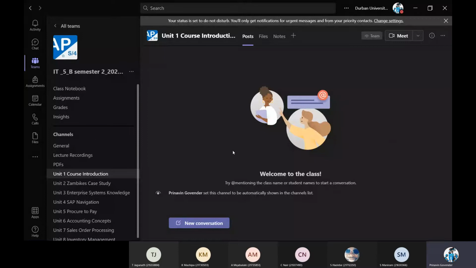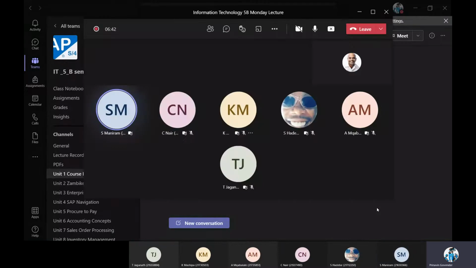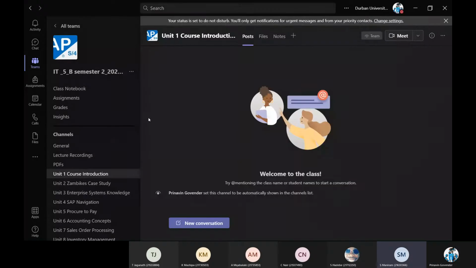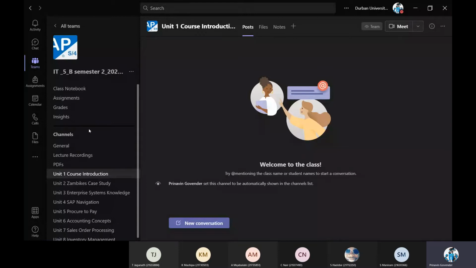Hello, can you see this, Mr. Maniram, Mr. Naya, Mr. Hadebe? Great. I created these folders just before the lecture started on our Teams. In Teams, they call these channels. It's like our folders, right?